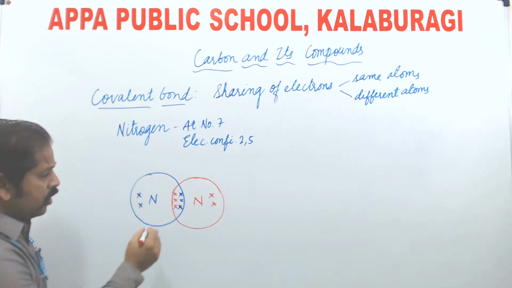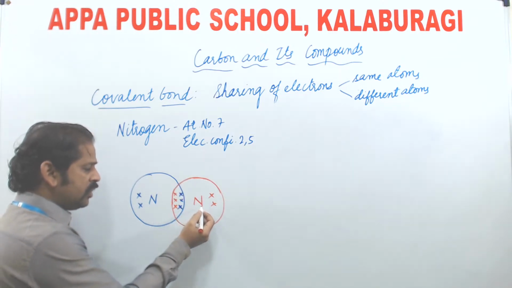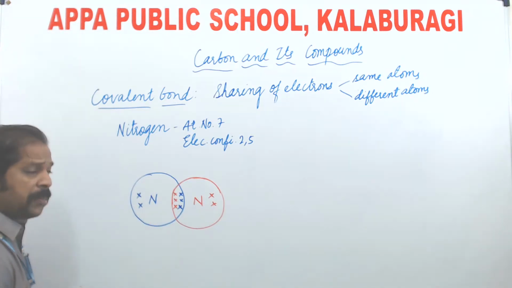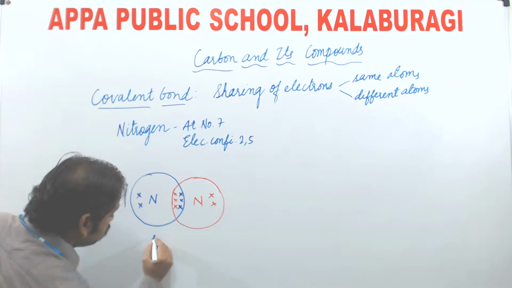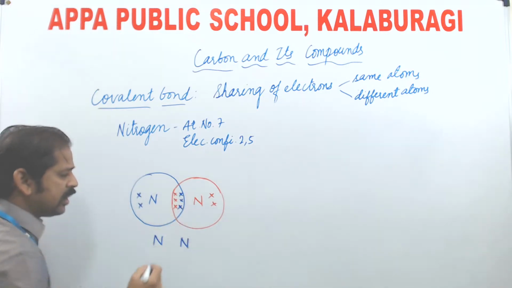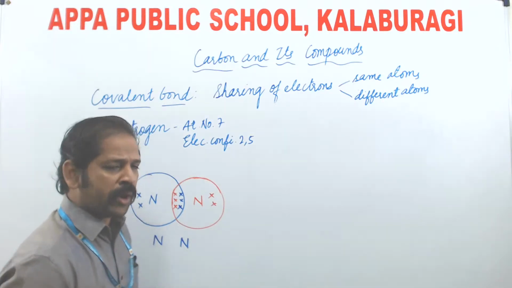Okay. Now 6 electrons are there to share: 3 from this nitrogen, 3 from this nitrogen. 3 pairs are shared between nitrogen and nitrogen. 6 electrons means 3 bonds, triple bond.